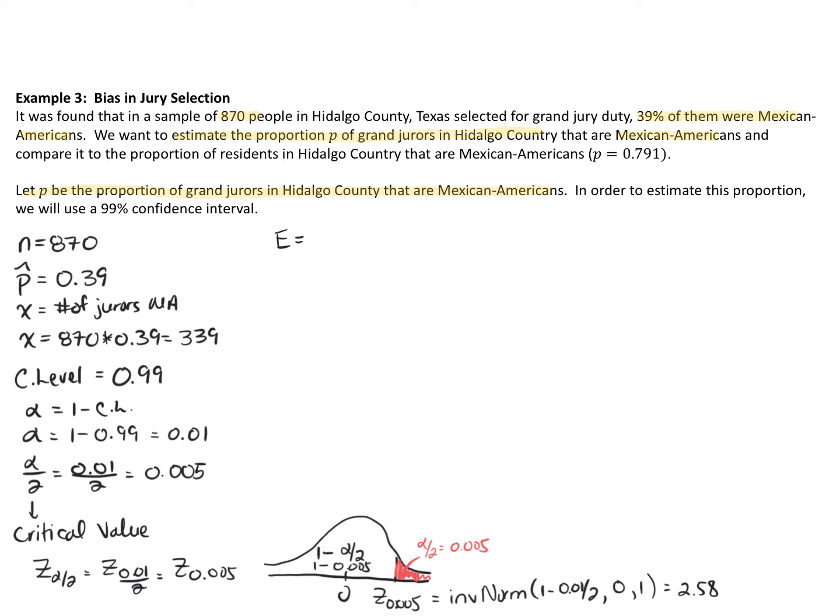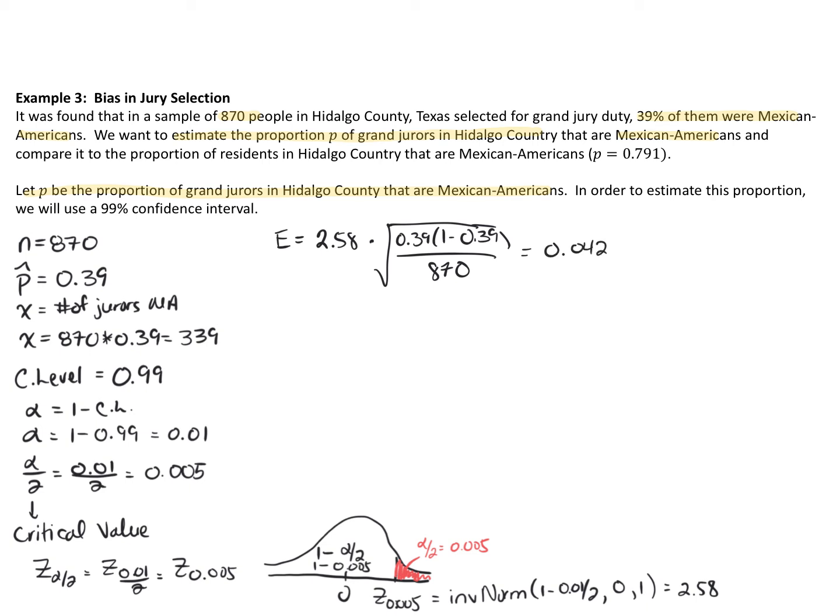The margin of error formula is the critical value, 2.58, times the square root of p hat, which is 0.39, times 1 minus p hat, divided by our sample size, 870. That gives us a margin of error of approximately 0.042.